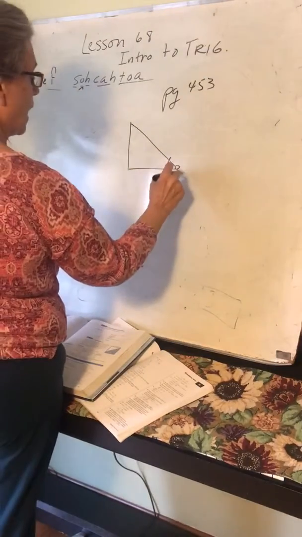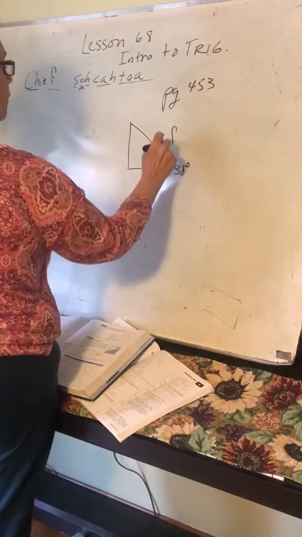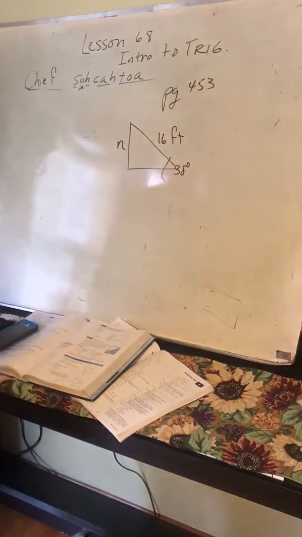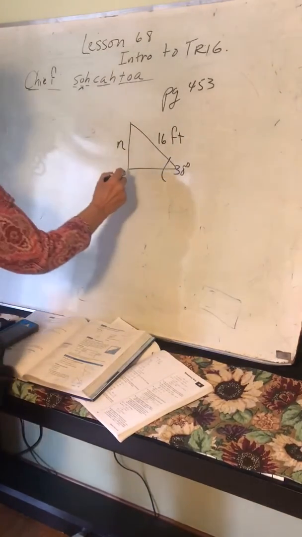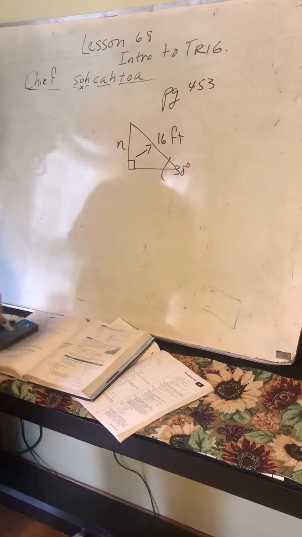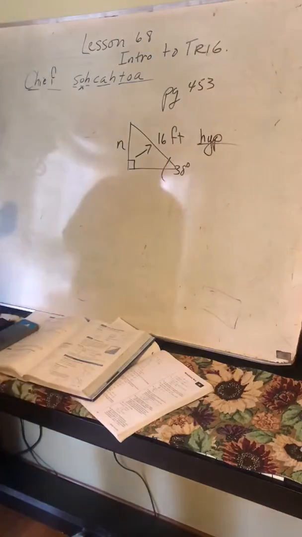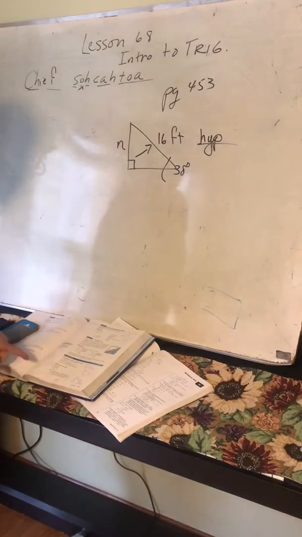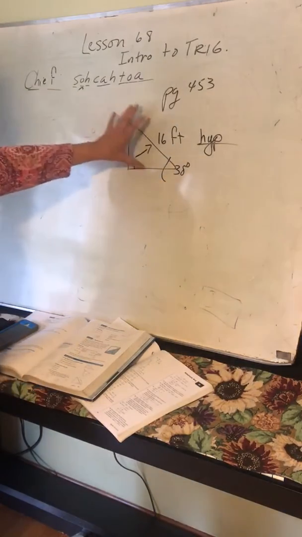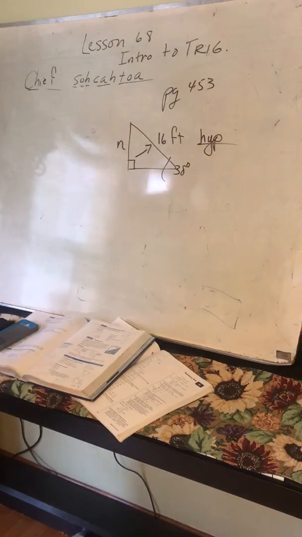The degree we have is 38 degrees. This is 16 feet, and they want to know how high it is. This is the right angle, and this is the hypotenuse. So we've identified our parts here. We want to set this up to figure out how high this slide is.